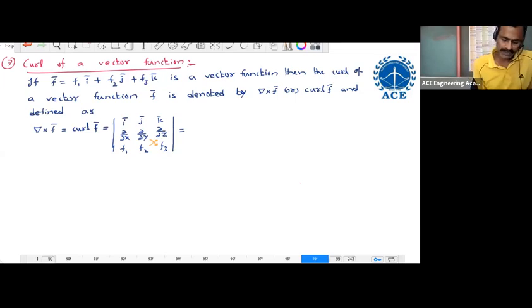Write down this: dou f3 by dou y minus dou f2 by dou z into i bar, minus j bar into, again from the first and last column, dou by dou x of f3 minus dou f1 by dou z into j bar.